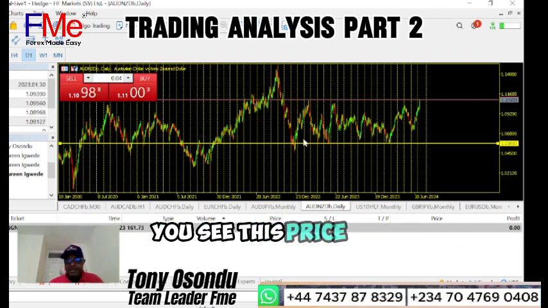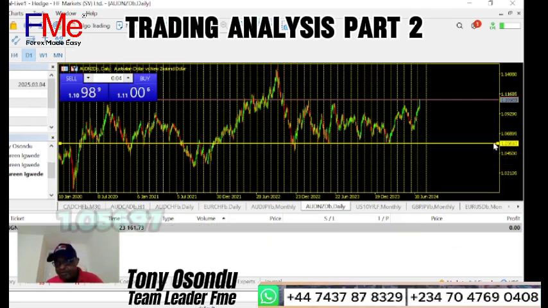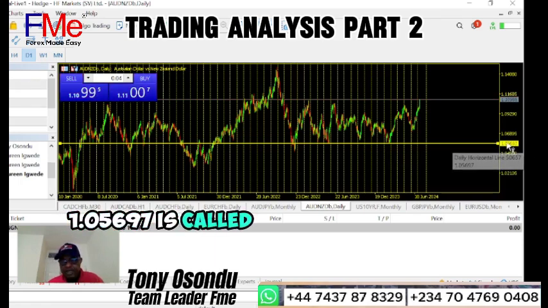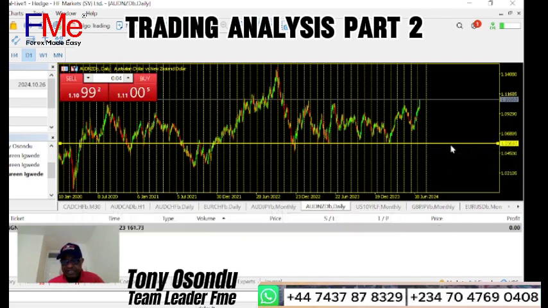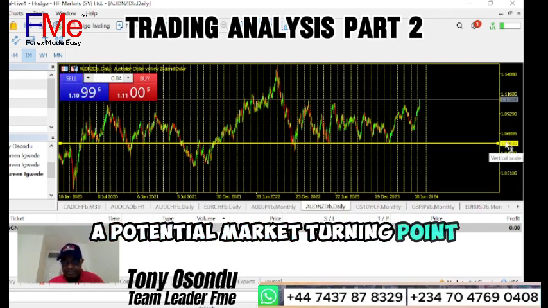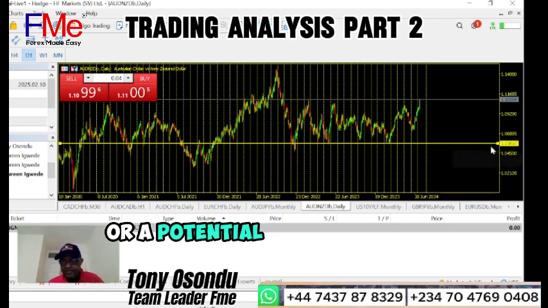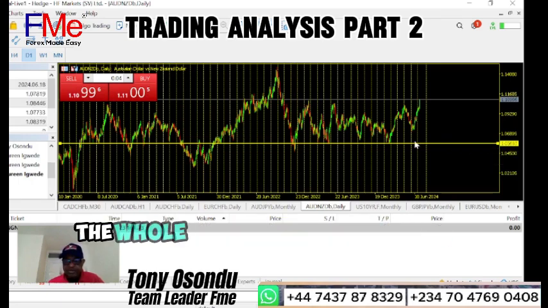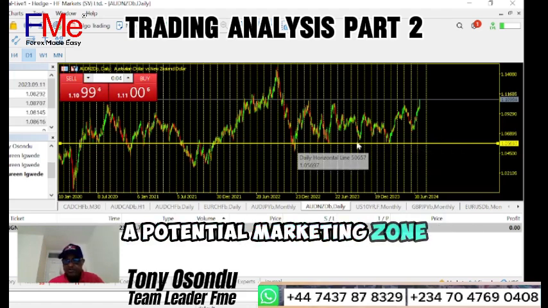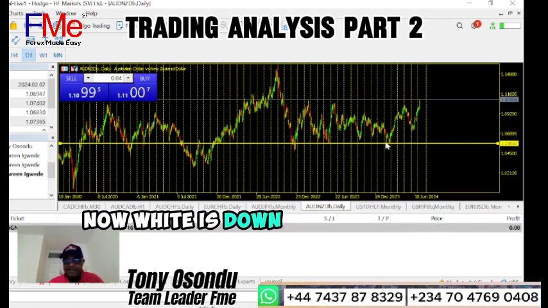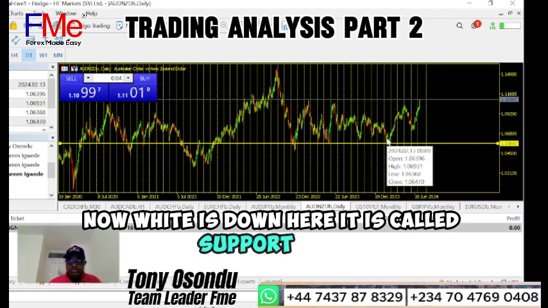You see this price here, 1.05697. It is called our market turning point, a potential market turning point, or a potential market turning price. But the whole of this area here is called a potential market turning zone. Now, the one down here is called the support area.